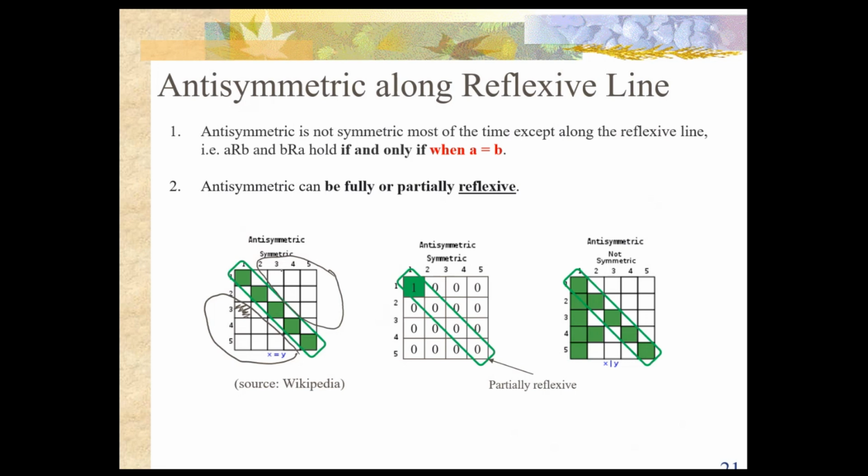We shouldn't have any relation for 1, 3. How about if we have a relationship at 1, 5, then we shouldn't have any relationship at 5, 1. So this is anti-symmetry. It does not have to be only one-sided. It can be on any side of the segments, but there must not be any counterpart, right?